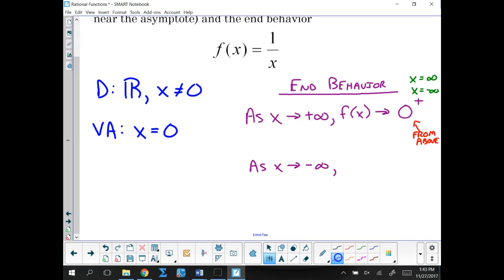As x goes to negative infinity, f of x is going to what? So now my number is getting big, but it's negative, right? So I've got positive 1 divided by negative ginormity.